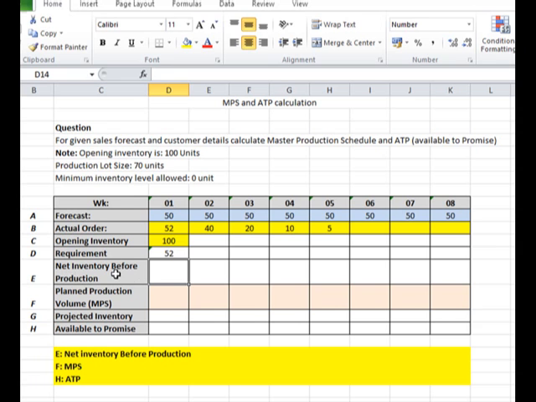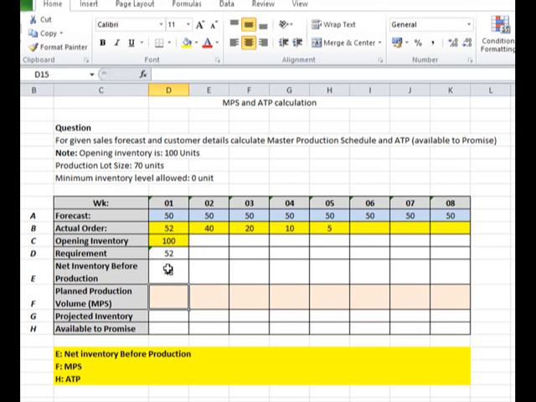Now, net inventory before production. What's this? Before planning any production for this week, what's the actual level of inventory? If it's negative or positive, we will have to check over there. So it's equal to our available quantity minus our requirement.